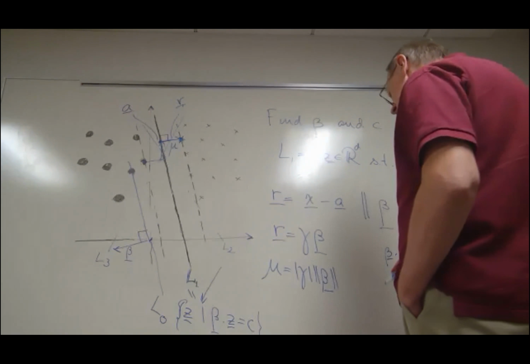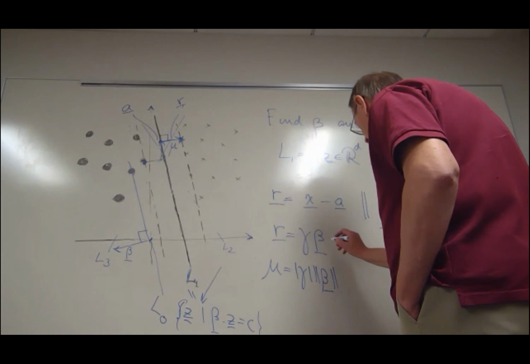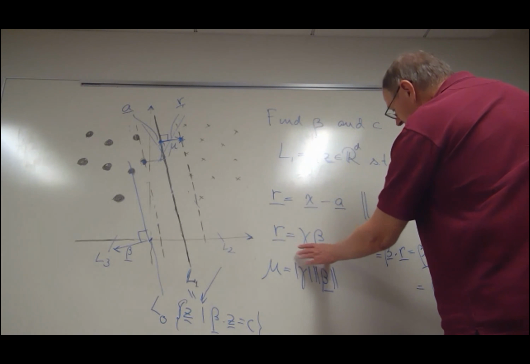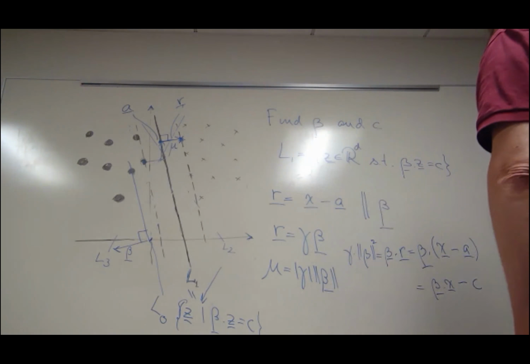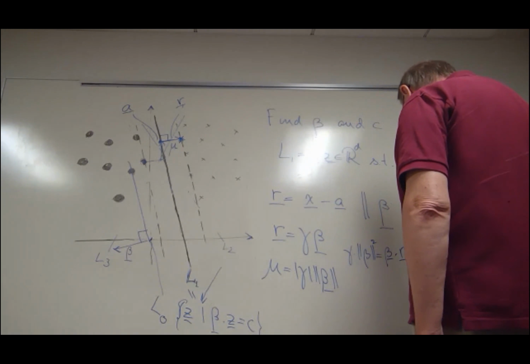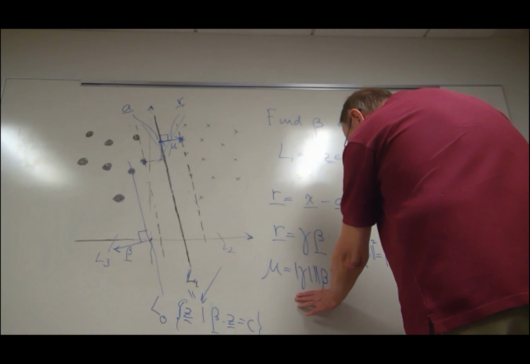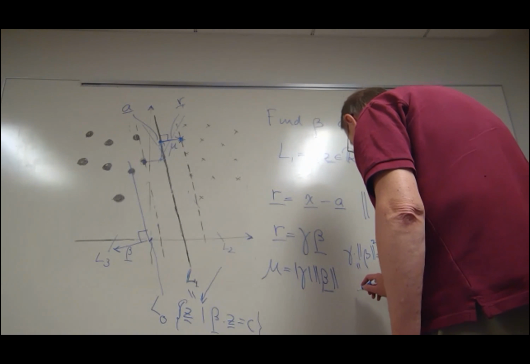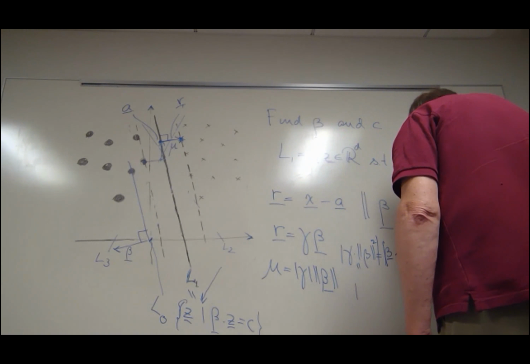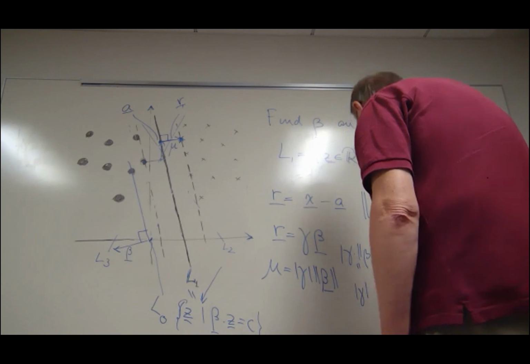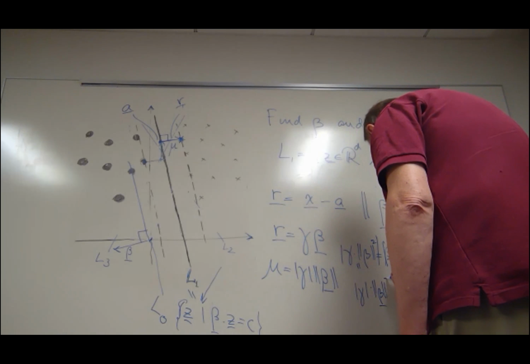So we get here that r is gamma beta, and beta dot r is equal to gamma times the length of beta squared. So if I take the absolute value here, this is equal to the absolute value of gamma times the norm of beta squared.